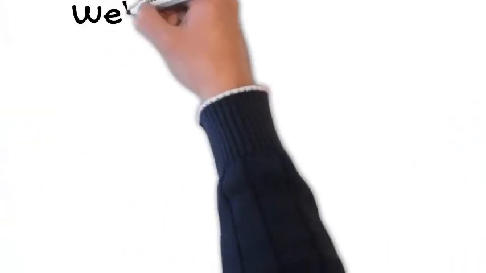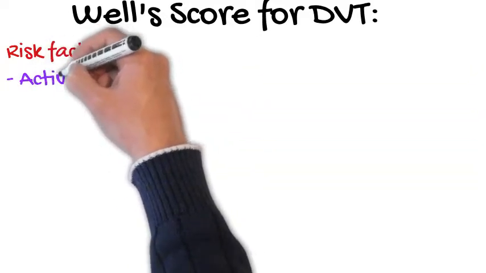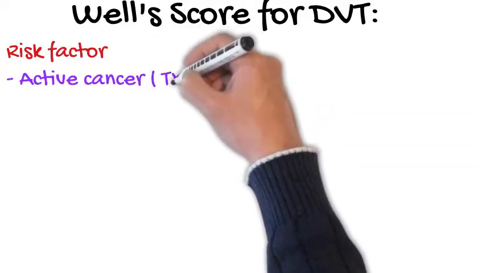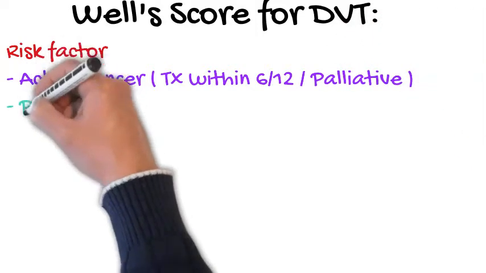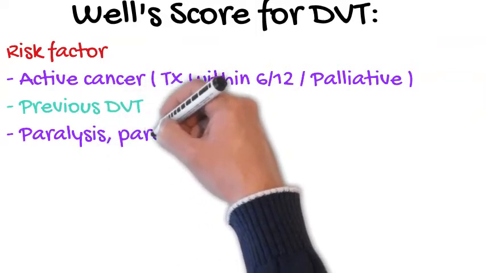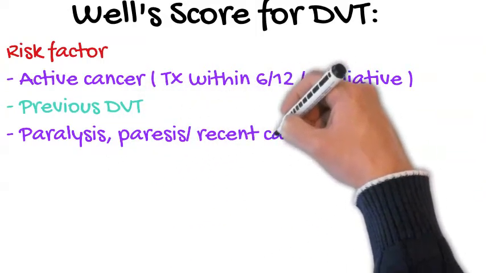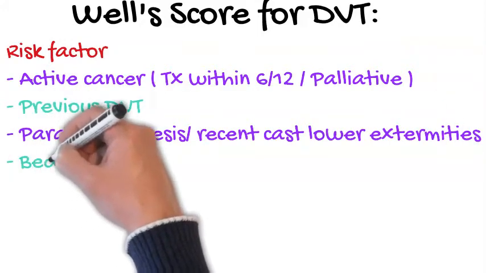For diagnosis, I am using the Wells score for DVT. It's easier for me to divide it into risk factors and symptoms during presentation for easier memorization. For risk factors: active cancer, treatment within the last 6 months or palliative care, you can give 1 mark.